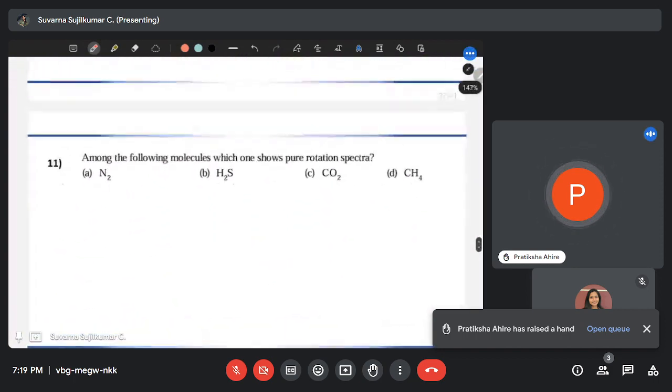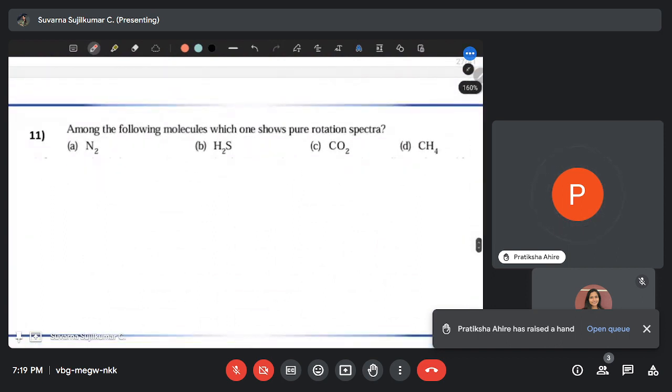So next question: among the following molecules, which one shows pure rotation spectra?